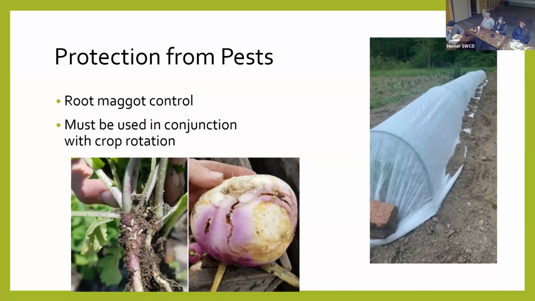And so if you put row cover over them, they're just going to be trapped right there with your plants and attack them. So you want to rotate away from where you grew them last year and cover them. And then you're excluding the flies from landing on the plants and laying their eggs.